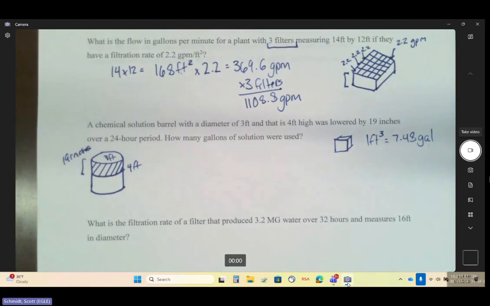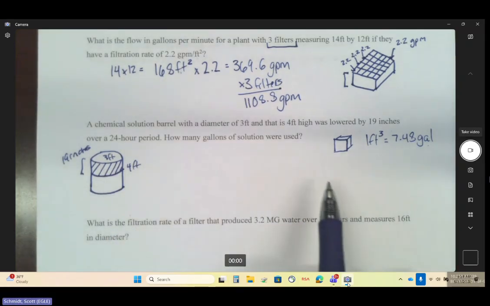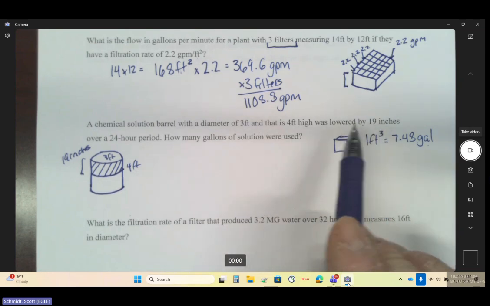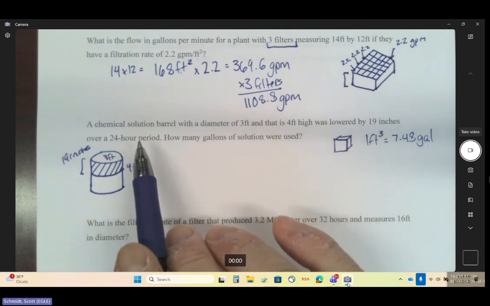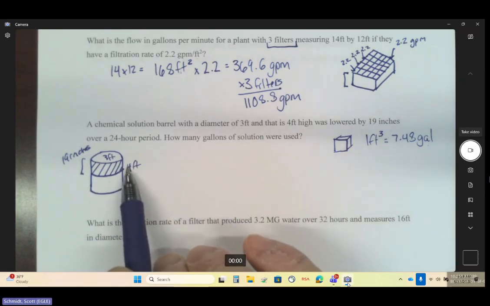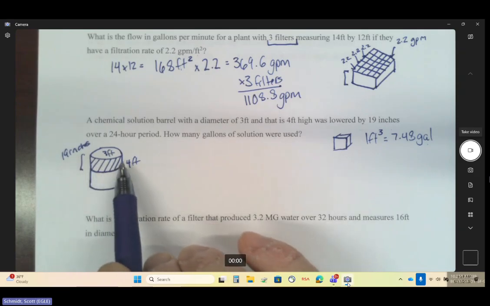And we're asking how many gallons of solution were used. Well, the 4 feet is there to serve as a distractor, because we don't care about the full barrel, do we? We want to know how many gallons were taken out. Well, it dropped 19 inches in a 24-hour period. So how many gallons were used? We don't care about the full volume of the barrel. We only care about the 19 inches.